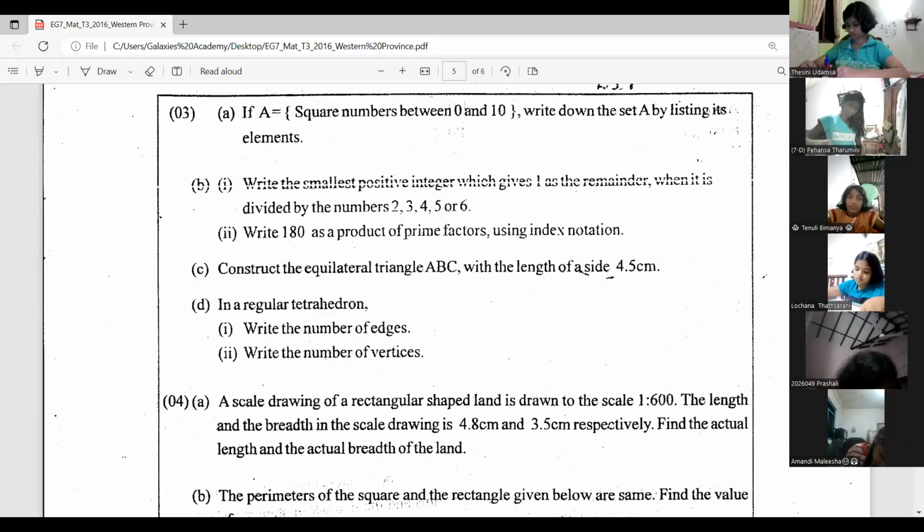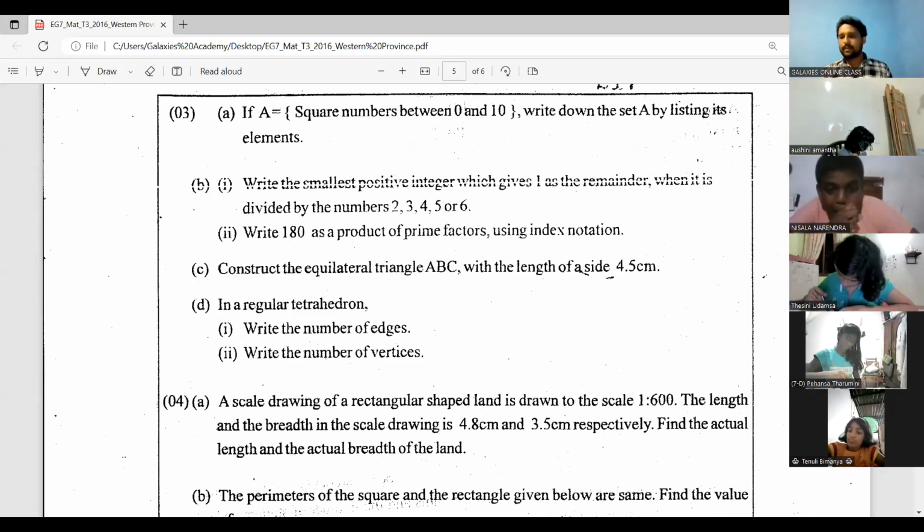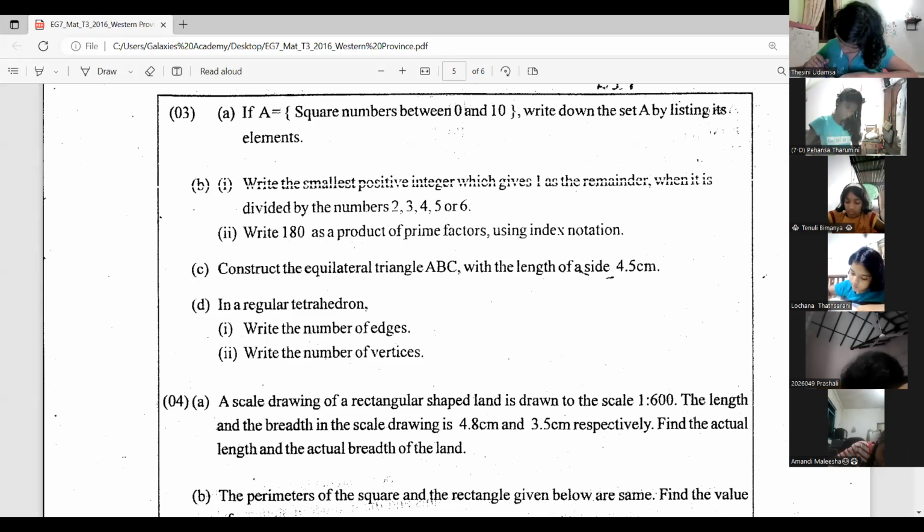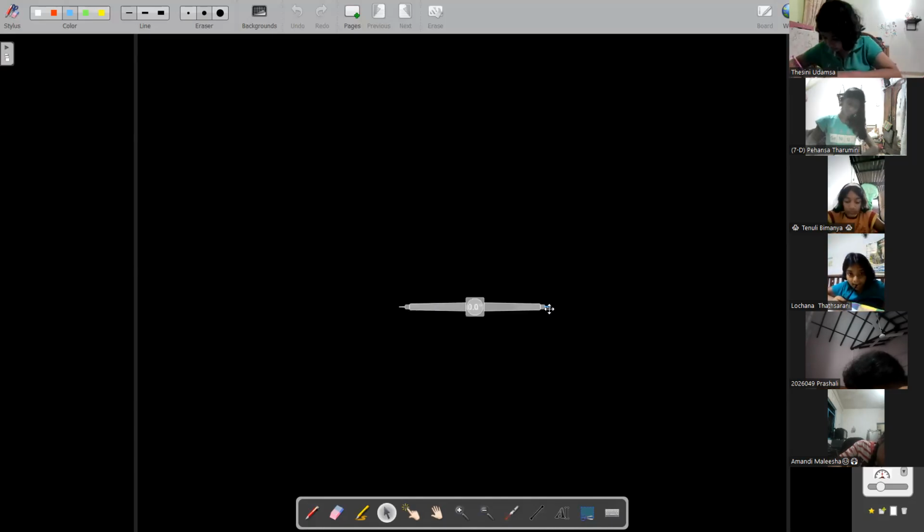Right. Did you construct or not? First, you draw a 4.5 centimeter straight line. Then you take 4.5 centimeters to your pair of compass. Right. I will construct it. Can you see the screen now? Can you see my compass, pair of compass?